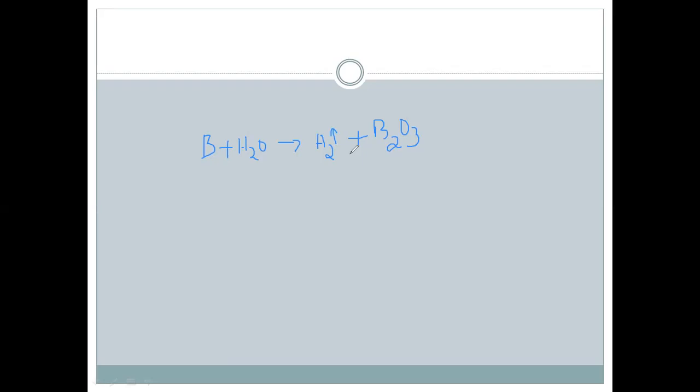Now, when we say boron, it forms numerous compounds, and they have special importance in chemistry also. The main compounds are boron trioxide, borax, orthoboric acid, boron halides, boron hydride, and boron nitride.